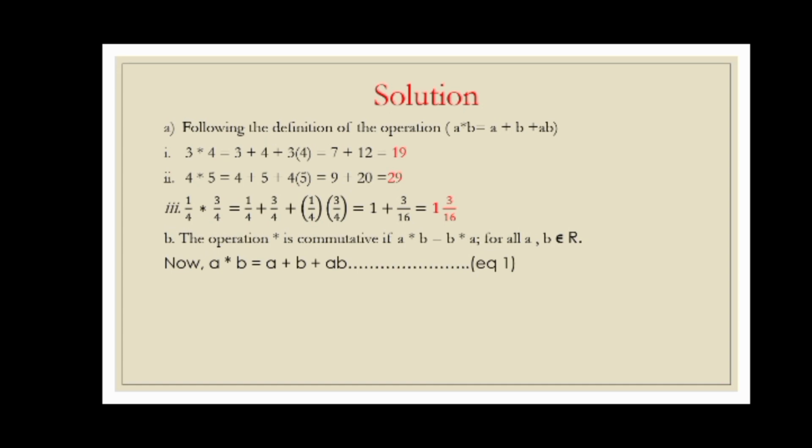The operation star is commutative if A star B is equal to B star A, as we said earlier, for all A, B belonging to R. Our first equation becomes A star B equals A plus B plus AB, from the question given.